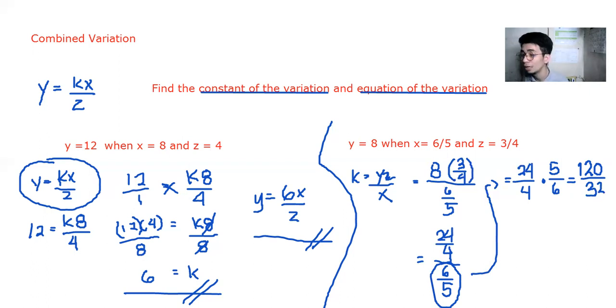Tawag dito, lowest term natin. May lowest term ba mga yan? 24 times 5. 120 na.